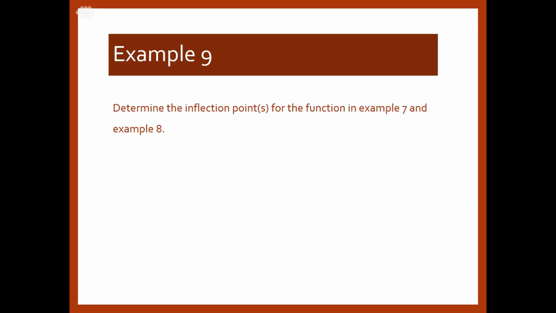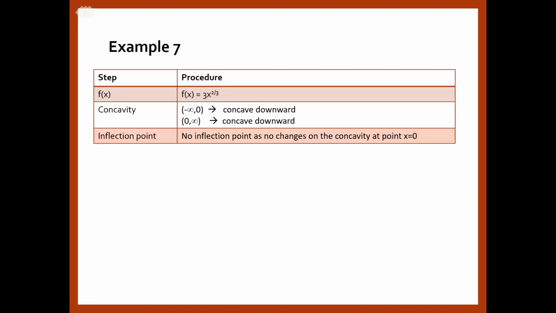Let's refer to example 9. You need to determine the inflection points for the functions in examples 7 and 8. From example 7, there is no change of concavity at point x equal to 0. Therefore, we can conclude that there are no inflection points for this function.